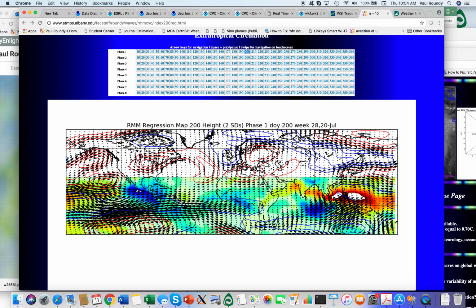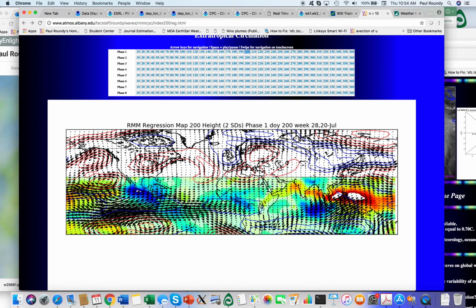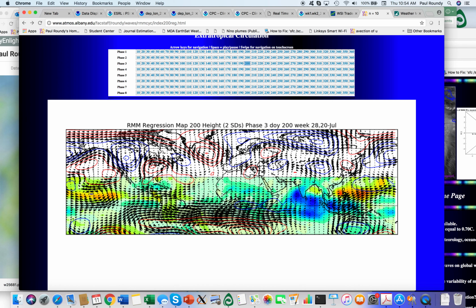And there's a tendency during the northern summer for the warm phases of the MJO for the Midwest East United States region to be the Indian Ocean and Western Hemisphere phases.